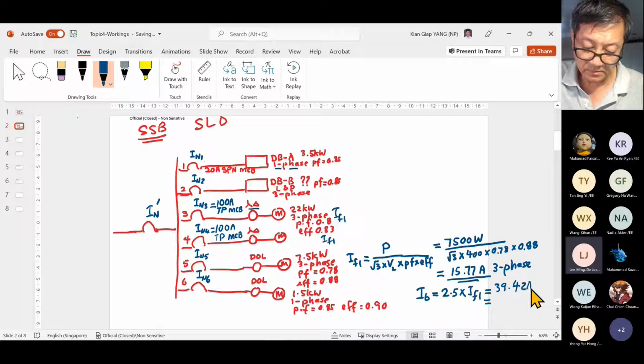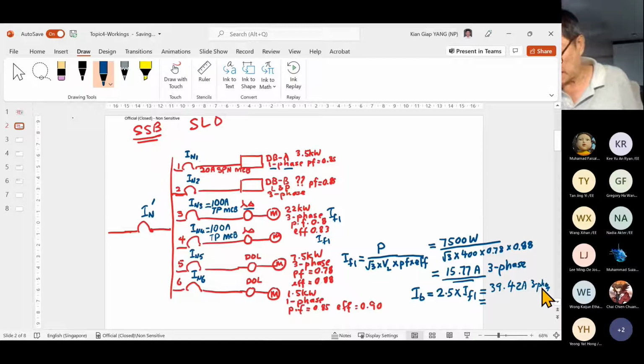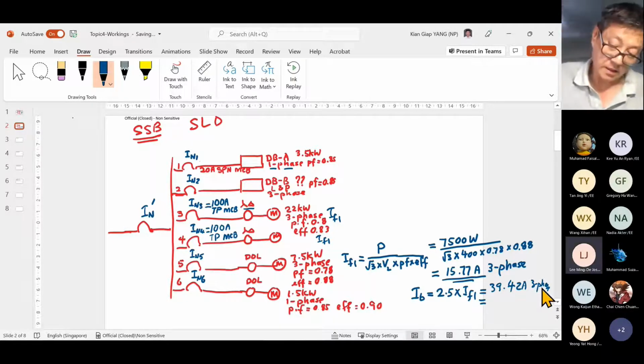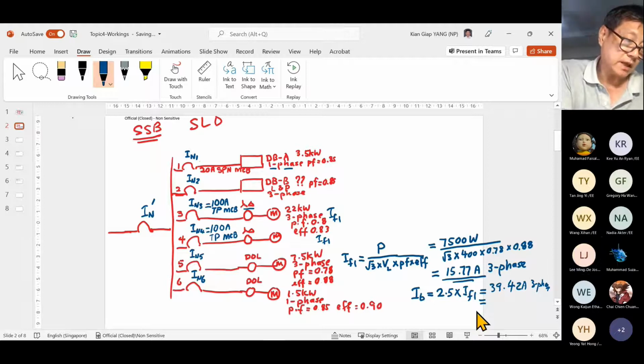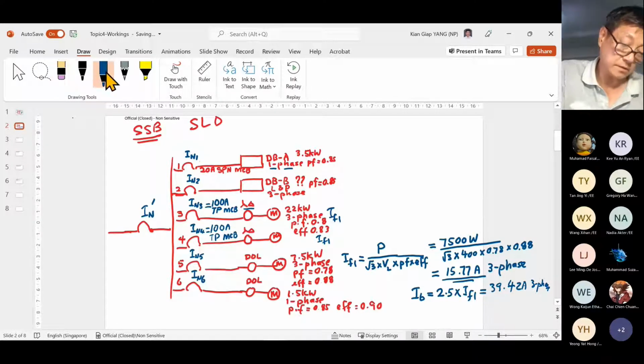Single phase or 3 phase? 3 phase. Okay. Who can double confirm correct or not? It's correct. So that is the second step. So what is the final step, Joshua?